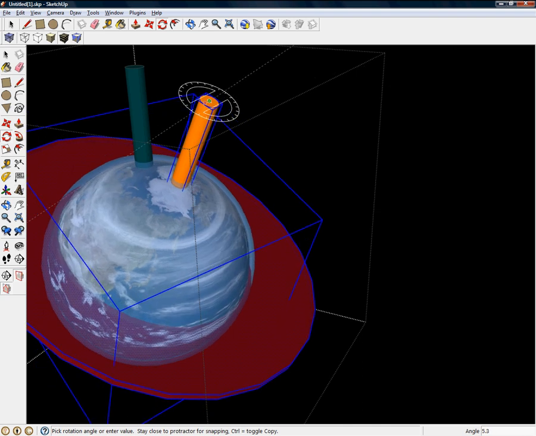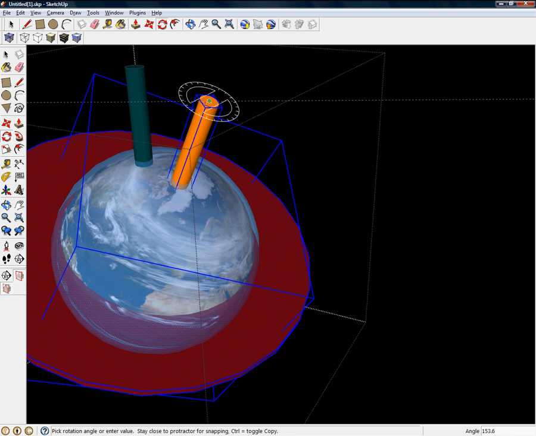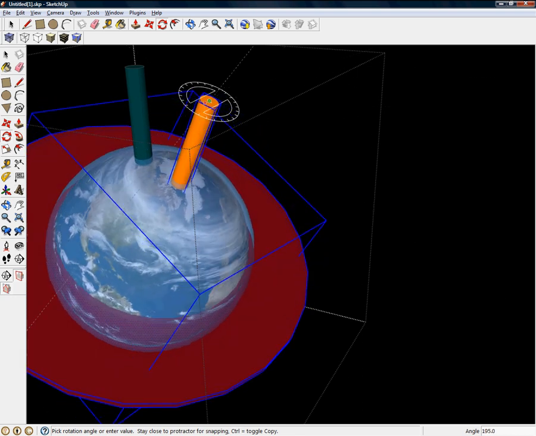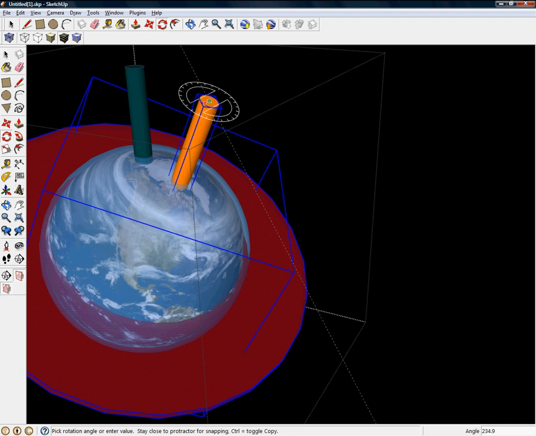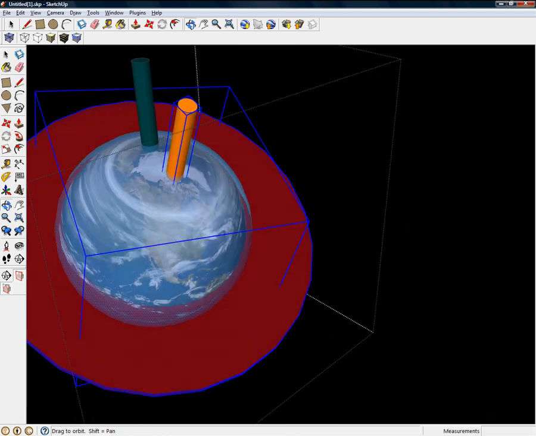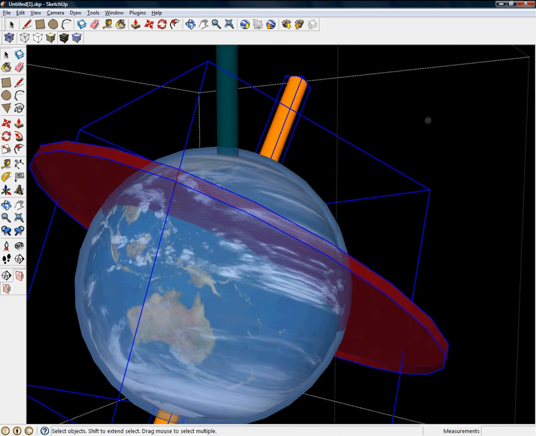Alright, so rotating Earth. Let's see. Almost got Florida facing it. I think that's about good, right? So now Florida is facing that star. Good.